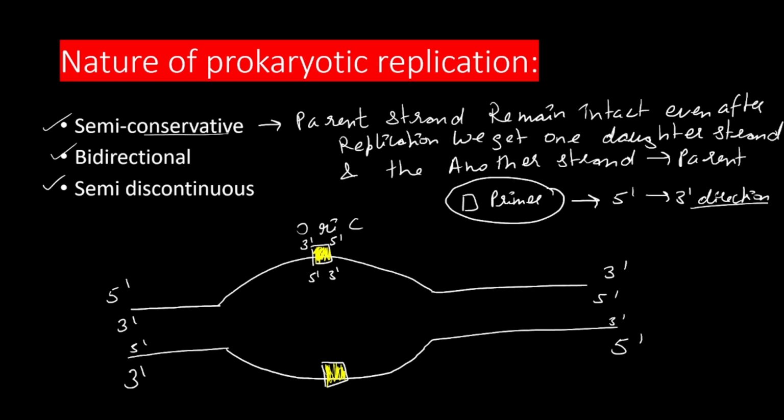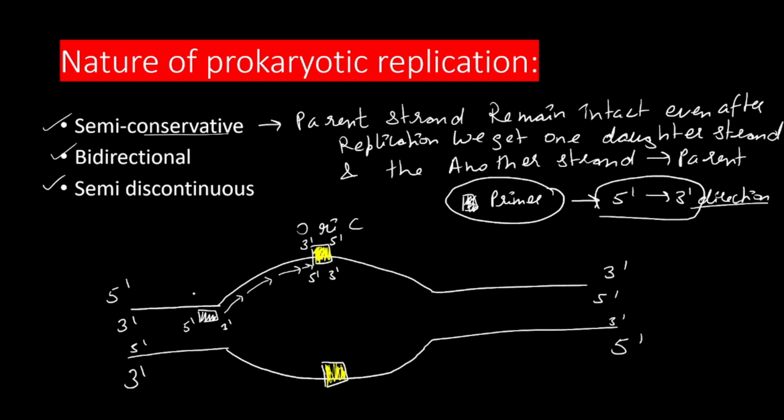Always it would make up the DNA replication in the direction of 5 prime to 3 prime. So in this case the primer will attach here and this must be, if this is 3 prime, this will be 5 prime to 3 prime direction. In this case the process will go on discontinuously.